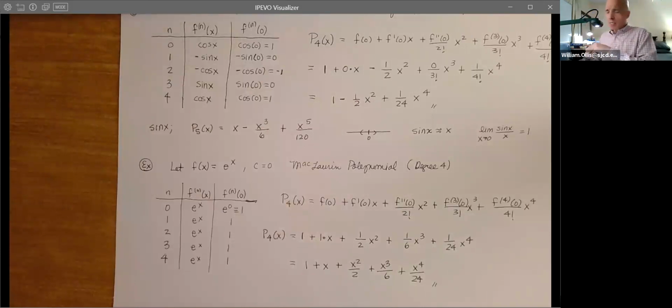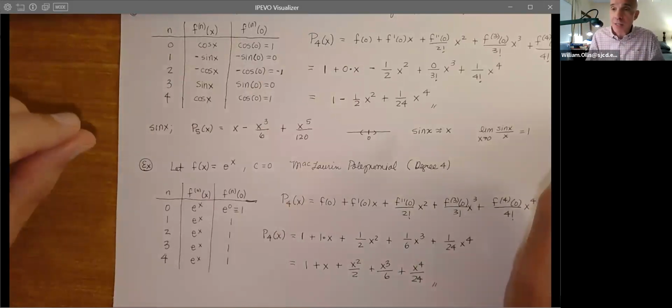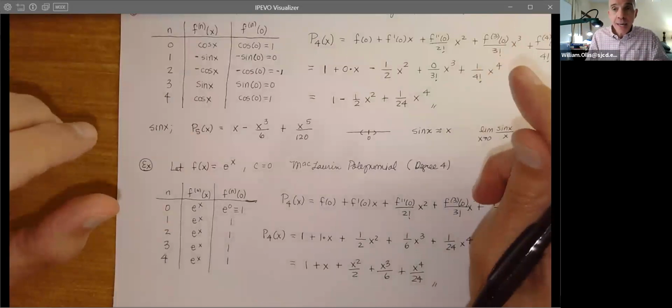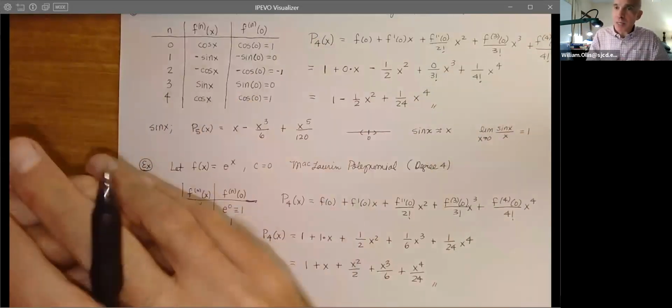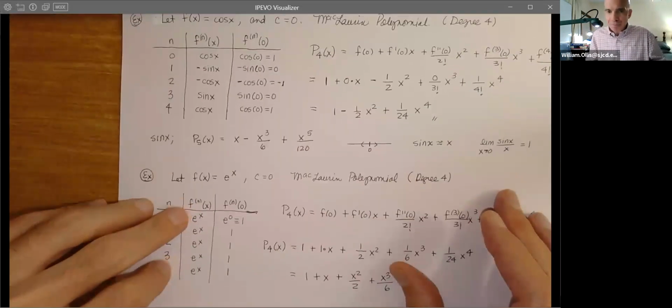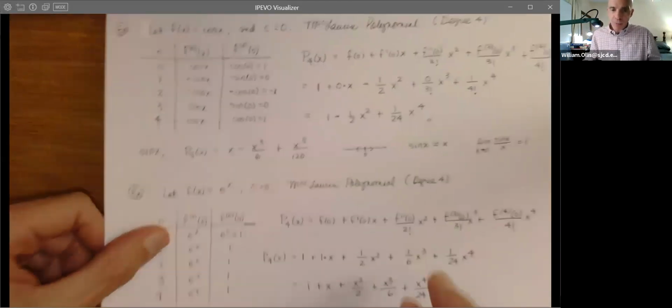Not every function is going to be as user-friendly as the sine and cosine and the natural exponential, but what we're going to find is that the geometric series will open the door to new techniques that will actually coincide with this and be quicker. So we're going to have all kinds of neat things to do. So we're going to use this in a problem.